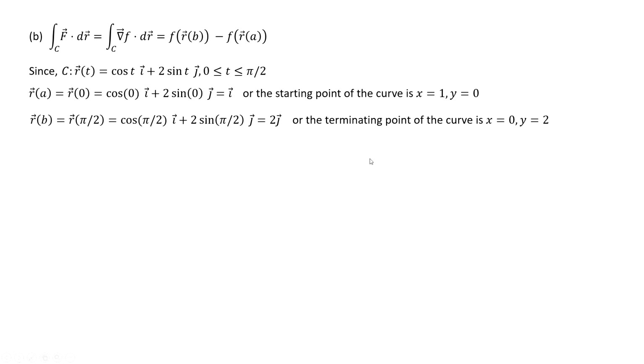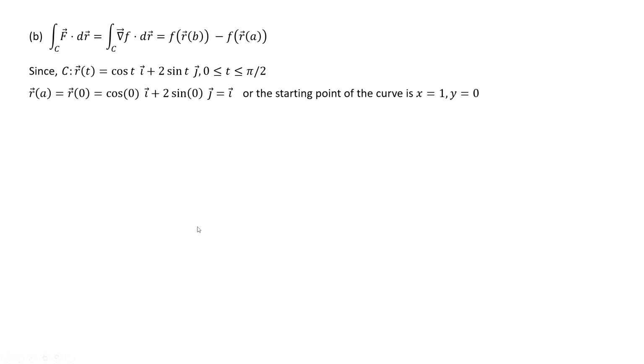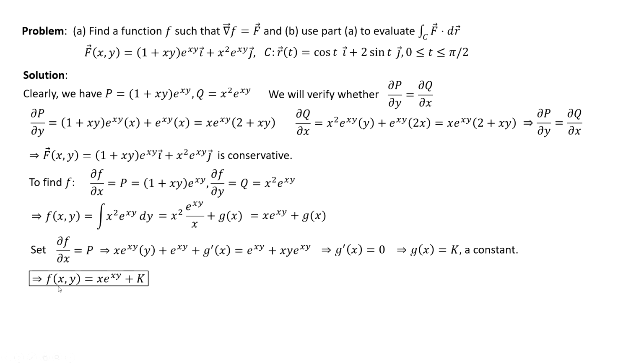Well, we need to find f of r of b, right? What is that lowercase f? We did that in the previous slide. That lowercase f is f of x, y equals x e to the xy plus k. So that f is actually given in terms of x and y.